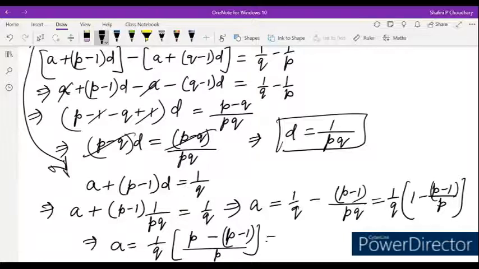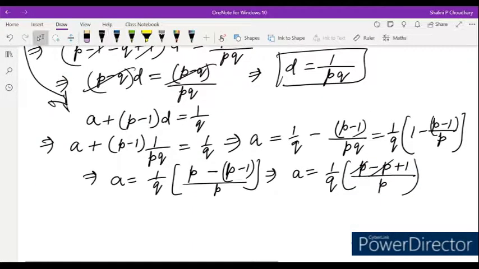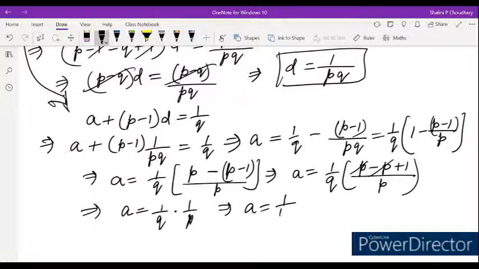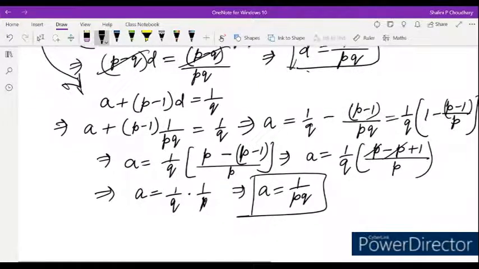So a will be equal to 1 upon q multiplied by, opening the bracket, minus minus plus 1, upon p. So this cancels, so what value will we get? a will be equal to 1 upon q multiplied by 1 upon p. It means a will be equal to 1 upon pq. So what value did we get? d is equal to 1 upon pq and a is equal to 1 upon pq.